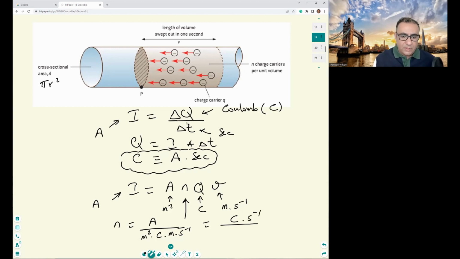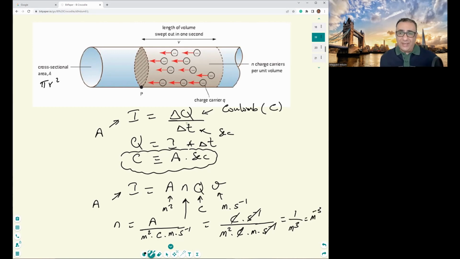The denominator I did not touch: meter squared, Coulomb, meter, second minus 1. Let's cancel Coulomb with Coulomb, second minus 1 with second minus 1. So we end up with 1 over meter cubed, or meter to the power of minus 3.